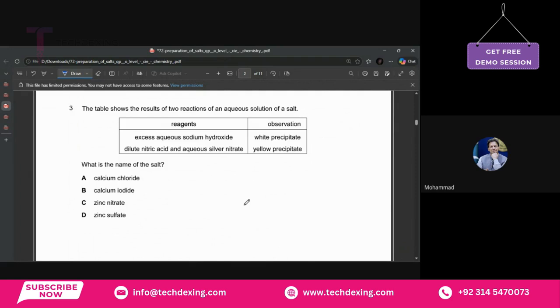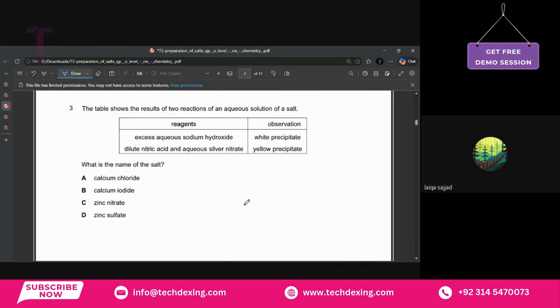What about calcium ions? If I have calcium ions, will they react with sodium hydroxide? Yes, calcium ions react with sodium hydroxide and give us a white precipitate of calcium hydroxide.